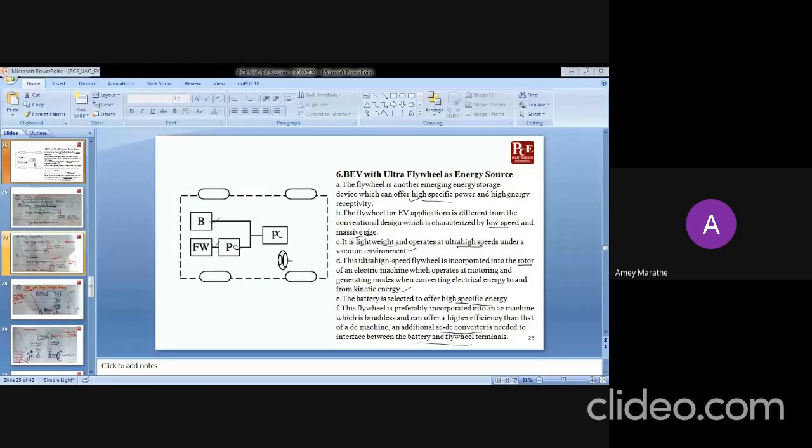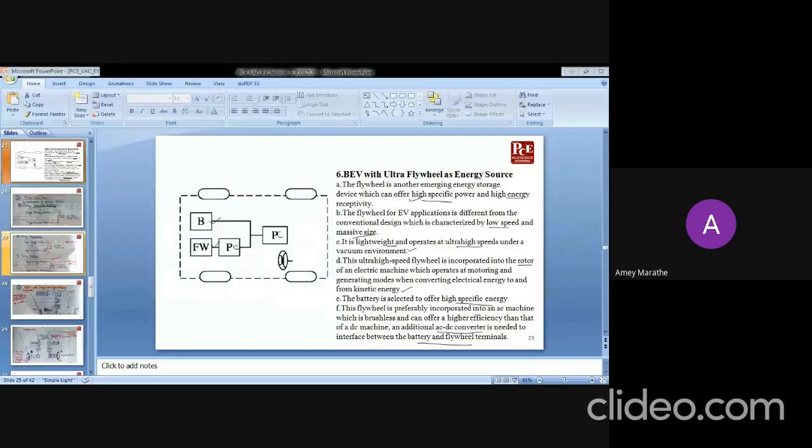At the end you will combine these two, and this is how you can have different permutations and combinations in an electric vehicle. So 6 different combinations in terms of propulsion system, 6 different configurations in terms of energy sources. The permutations and combinations which are possible out of it are a variety.